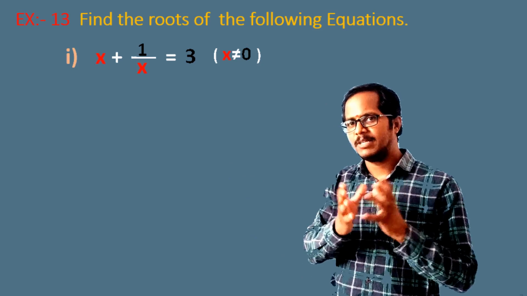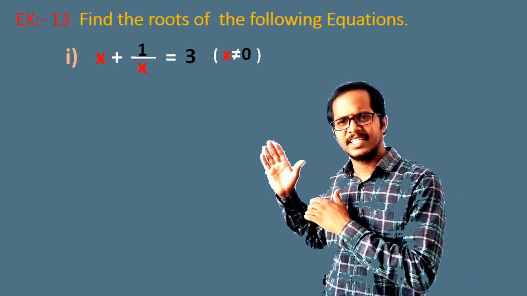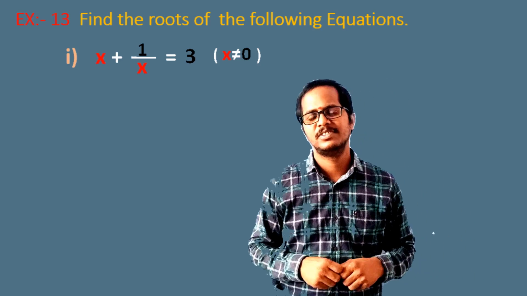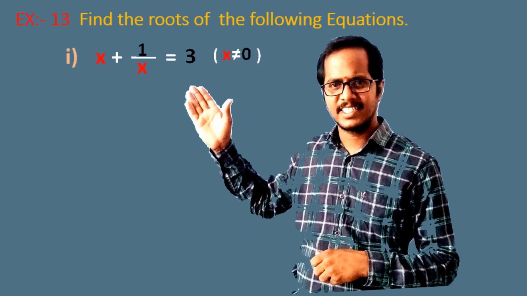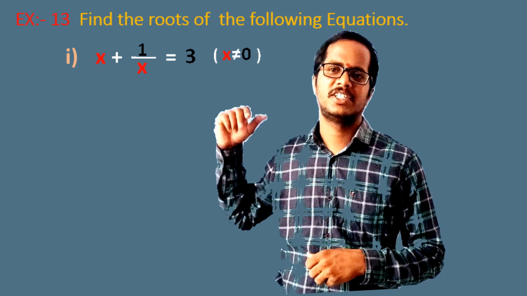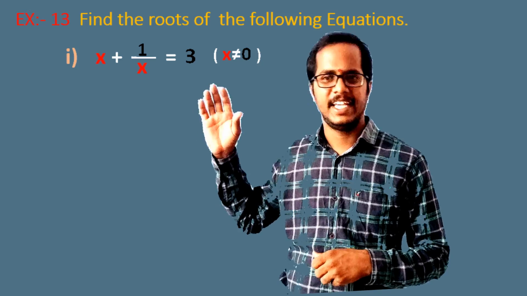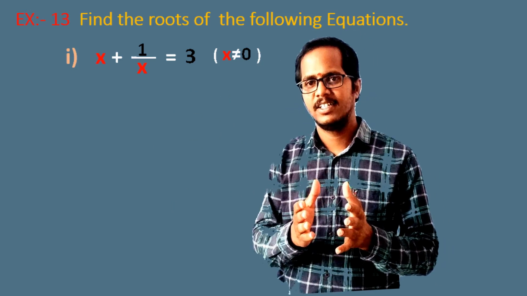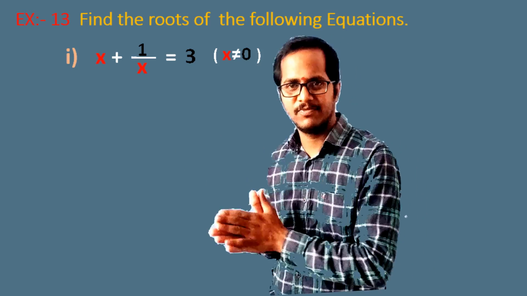To eliminate the denominator x on the left hand side, what do we have to do? To cancel the x, if we multiply this term with x, then the x in the denominator will disappear. So we have to multiply the second term with x.